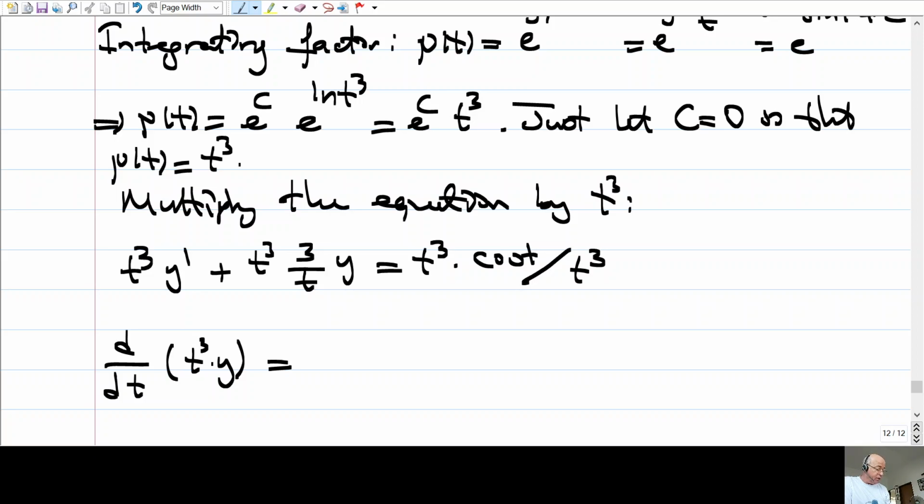When you take the derivative, you get y prime times t cubed plus y times the derivative of t cubed, which is 3t squared, and this is really 3t squared. And here the t cubes cancel, so we have just cosine t. Then we just integrate both sides.